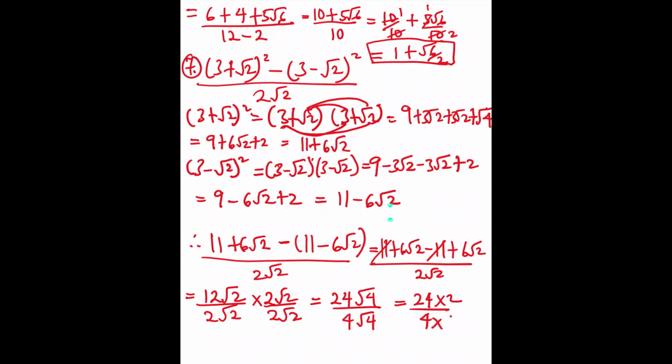We all know that the square root of 4 is 2. So root 4 and root 4 could cross each other out, but I don't like to do it that way, just to avoid confusion. So 24 divided by 4 is 6. So the answer for this one is 6.